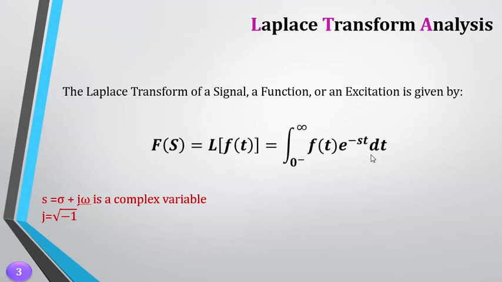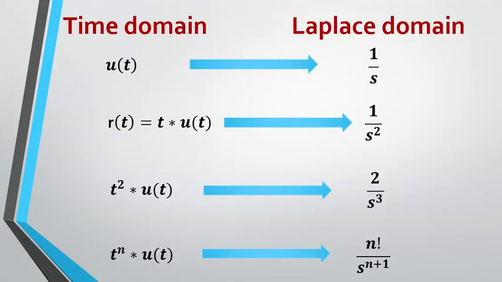Also, you remember that I told you that you will never need to use this formula as you always have a table that is actually giving you the main Laplace transforms that you need. For example, I'm going to show you a few of the most useful ones. The Laplacian of u(t) is 1 over s.